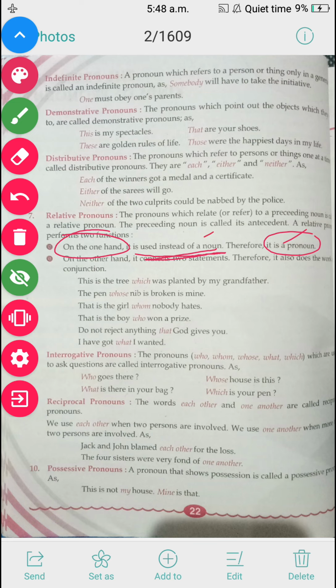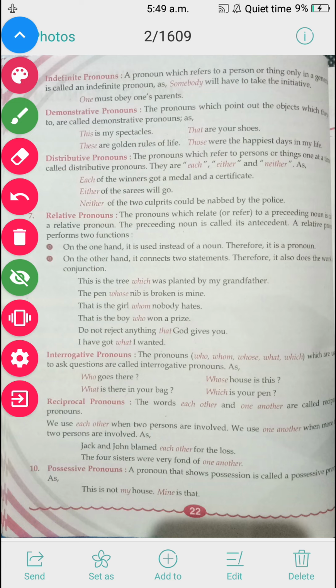The second one is it connects two statements. It also does the work of a conjunction, because it makes a connection between two or more than two words.